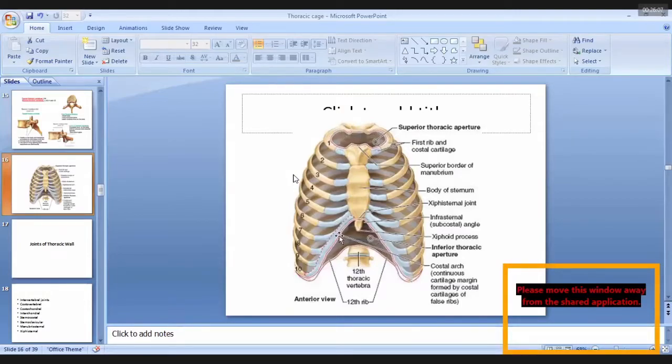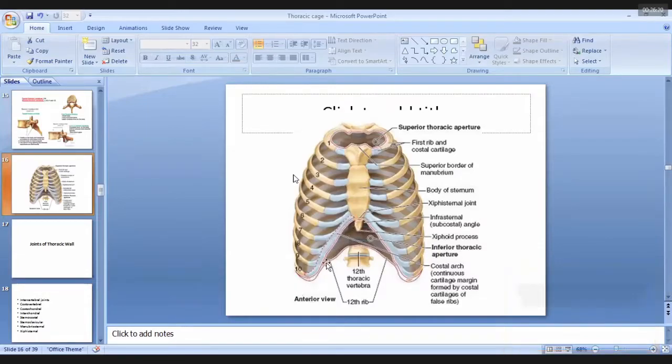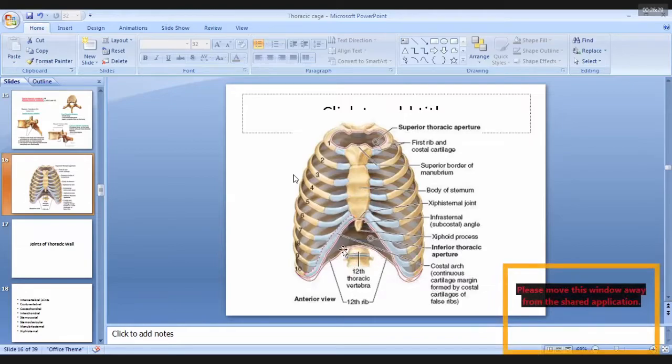The inferior thoracic aperture is bounded anteriorly by the xiphisternal joint and xiphoid process, anterolaterally by the costal margin, posterolaterally by the 11th and 12th ribs, and posteriorly by the 12th thoracic vertebrae.